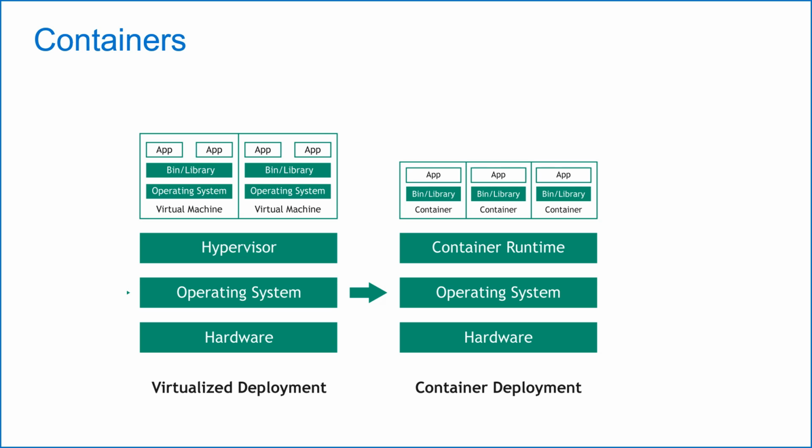Now you can see the container runtime helps to bypass the need of an operating system per application, and that's why it's called lightweight. It shares the machine OS, the system kernel, and it does not require an OS per application.